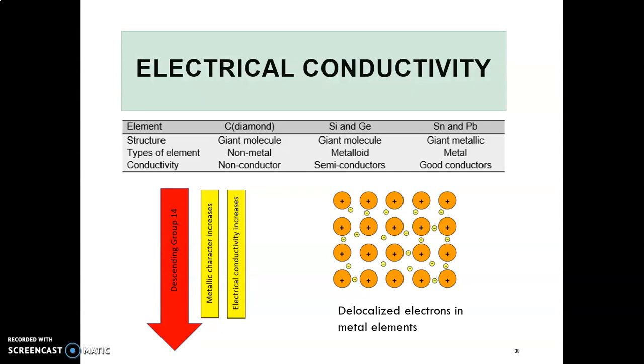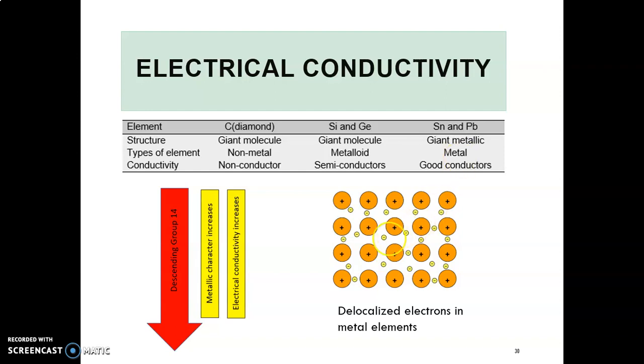For electrical conductivity, going down group 14, the metallic character increases. As mentioned before, carbon is a non-metal, silicon and germanium are metalloids, while tin and lead are metals.